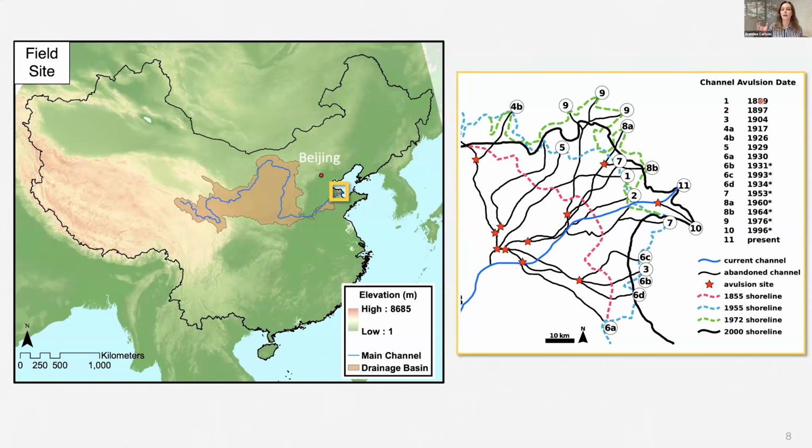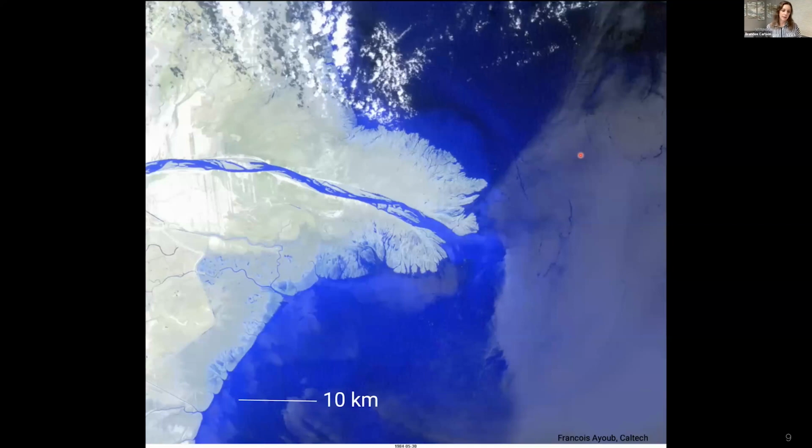So we have a really rich source of information for understanding the shifts in distributary channel networks over time for the system. We can zoom into a couple of recently abandoned distributary channels that were captured in the satellite record. This is a time-lapse video. It will start in 1984.